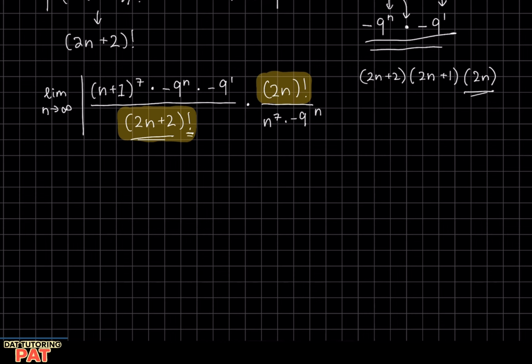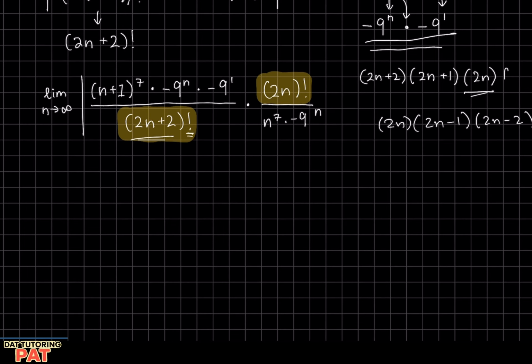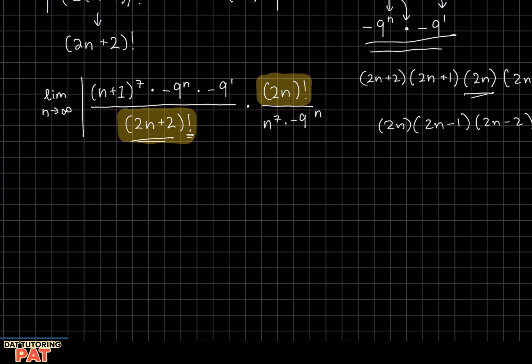And then this 2n does the same thing. It goes 2n minus 1, 2n minus 2, and this does the same. What's really cool about this is that this doesn't cancel out with anything here, and this doesn't cancel out with anything here.